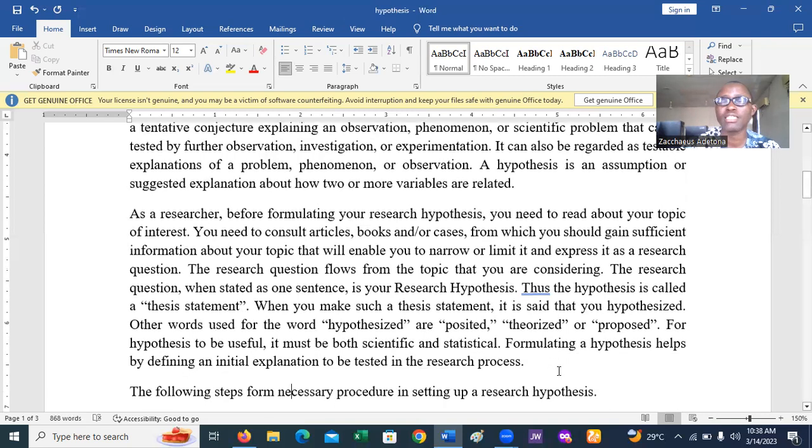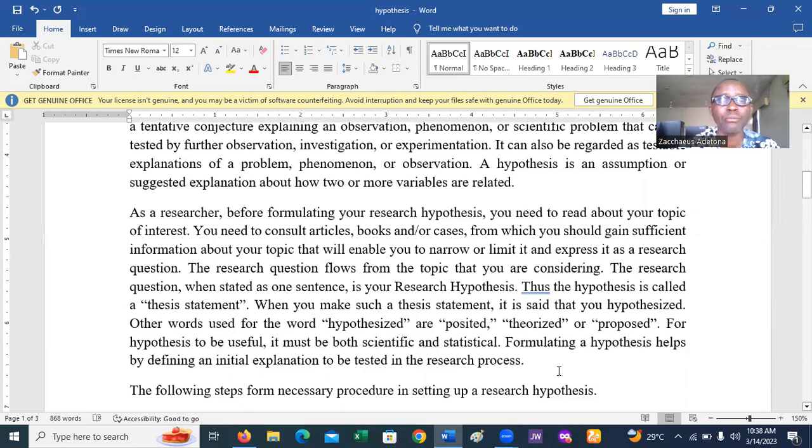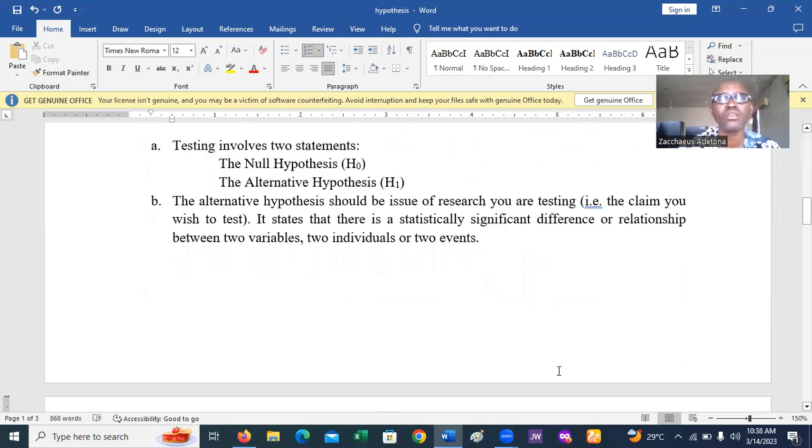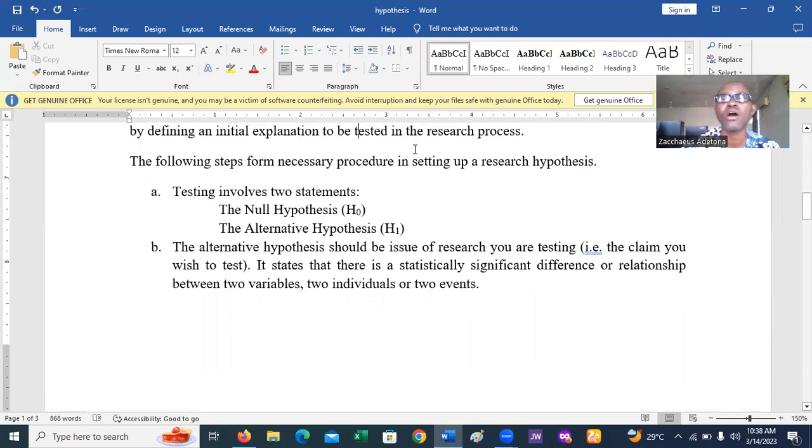But we want to realize that formulating hypotheses will help you to have an initial explanation on the data you have at hand and the research process. And so in formulating a hypothesis, we want to follow these steps so that we have an idea of how hypotheses should be formulated.